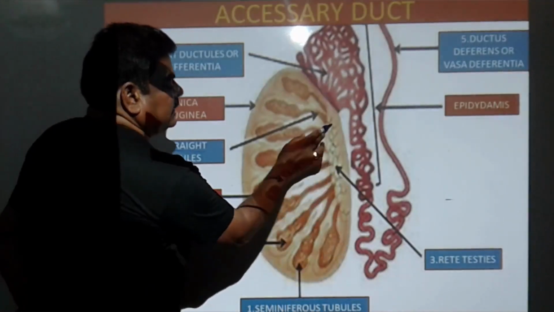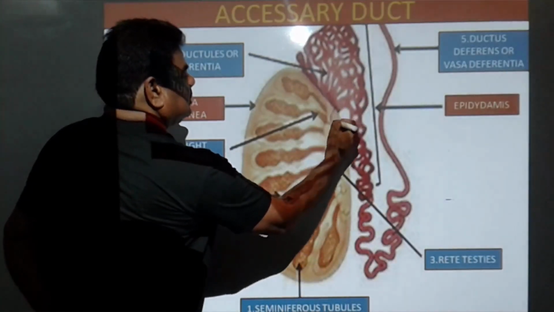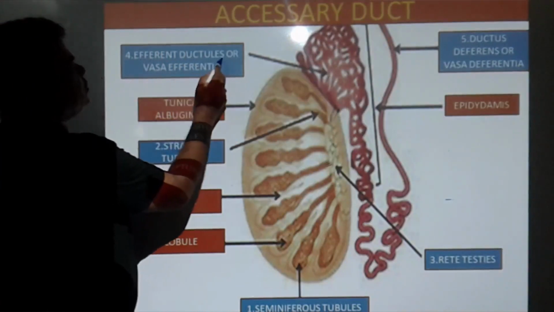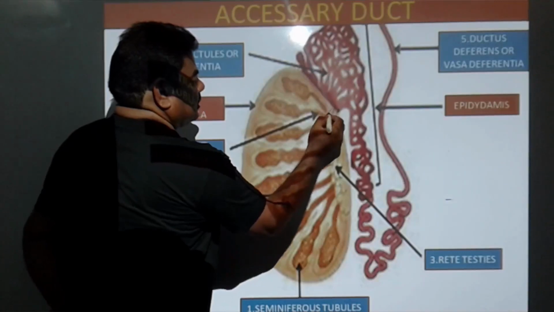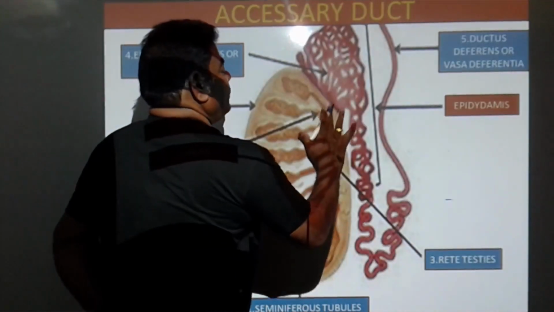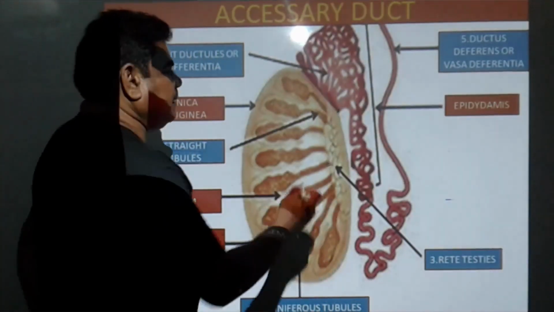The rete testis forms a net-like structure here, and from it arise the efferent ductules, or vasa efferentia. These pierce the tunica vaginalis and come to this portion, which we call the epididymis.